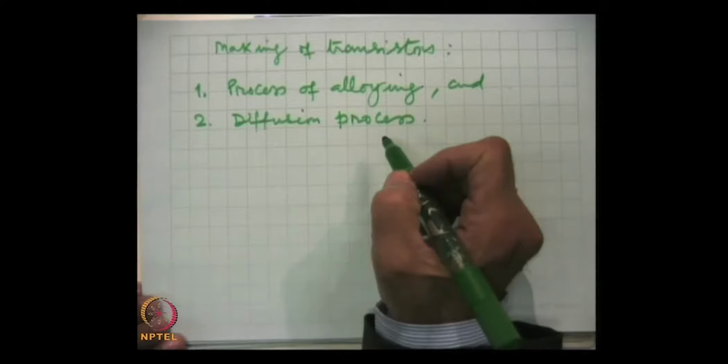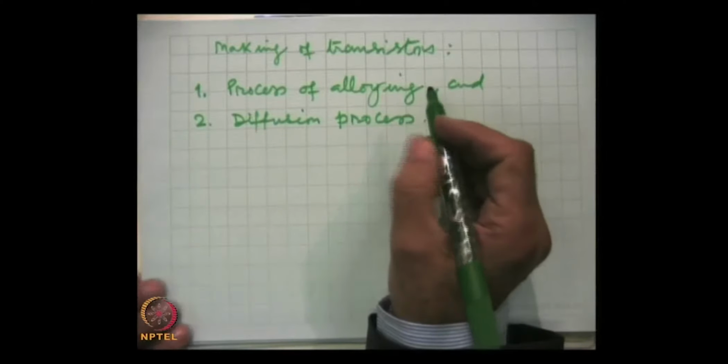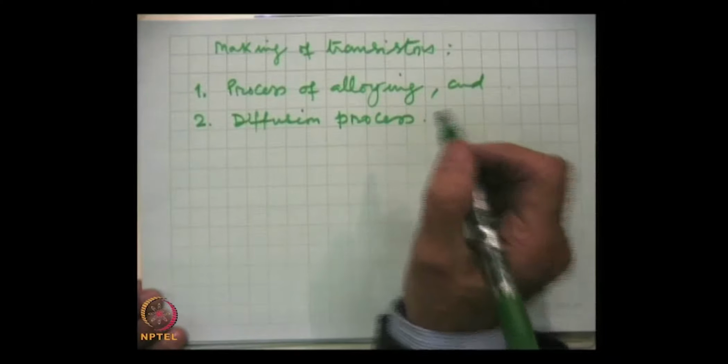One is the diffusion process, the other is ion implantation and epitaxial growth of different layers. So, that is reserved for integrated circuit fabrication, but discrete devices can be fabricated by the process of alloying and the diffusion process. Let us first talk about what this process of alloying is.